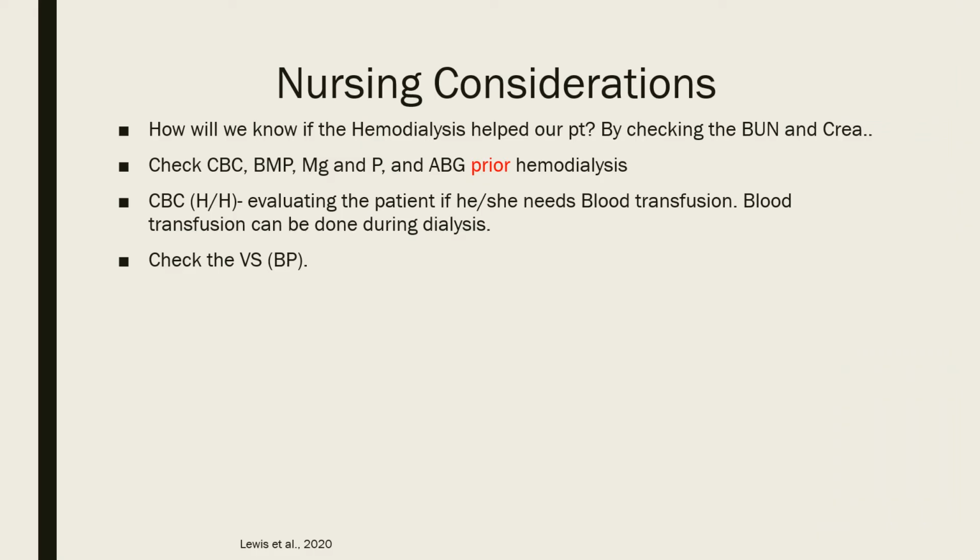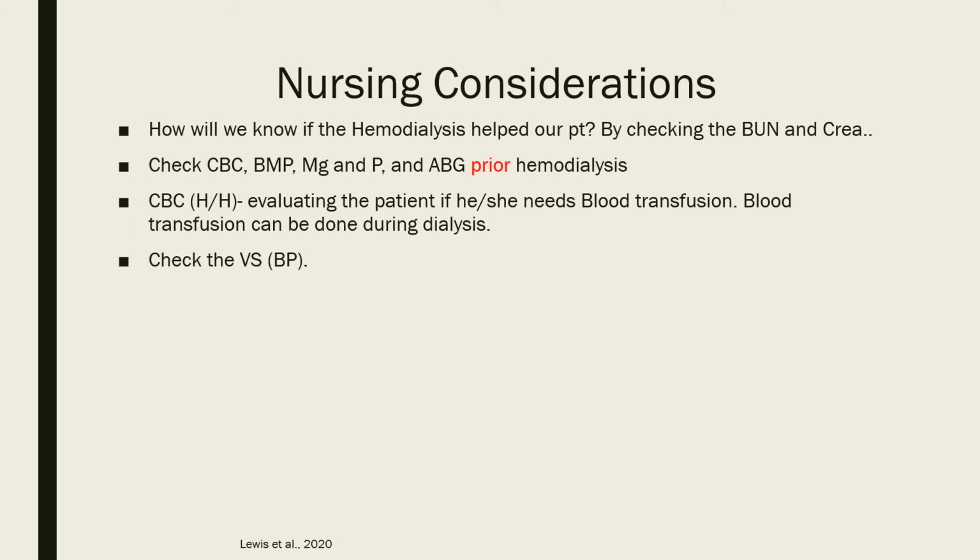And again, before anything can happen, you want to make sure that you check the BUN and creatinine of the patient. You want to check their electrolytes, their baseline CBC and ABG before dialysis. CBC is checked because if the hemoglobin and hematocrit are critically low, then a blood transfusion is needed, and blood transfusion can be done during dialysis.